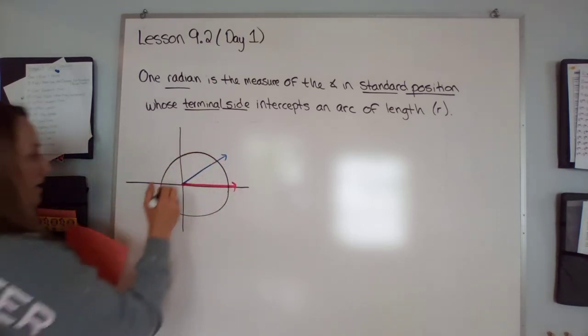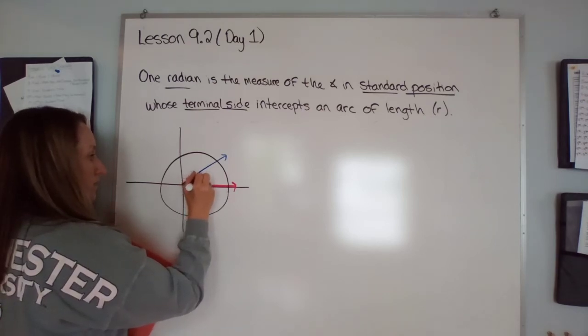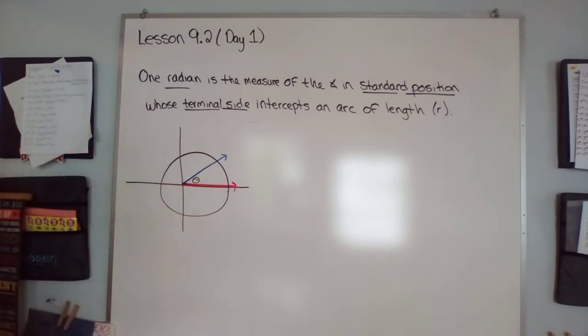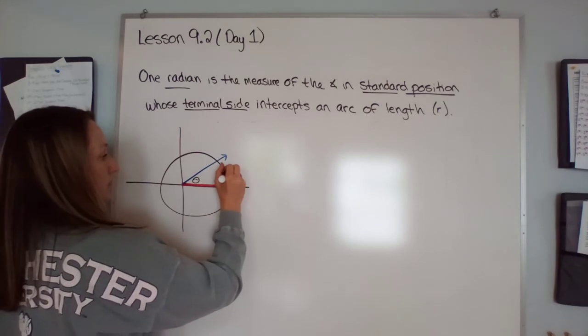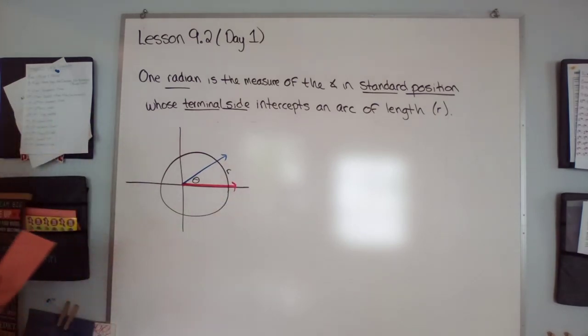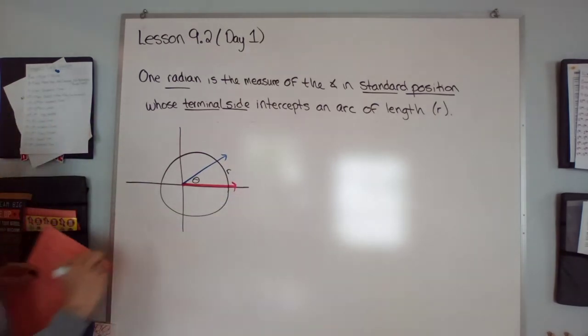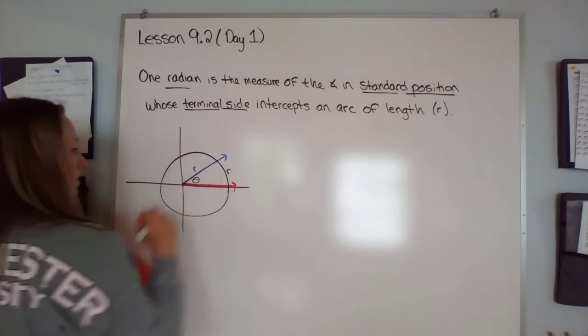So, and here's theta, here's my angle. So again, it says 1 radian is the measure of an angle in standard position. There's an angle in standard position whose terminal side intercepts an arc of length r. So I'm going to label this r. Okay. We also have our radius of the circle, r.